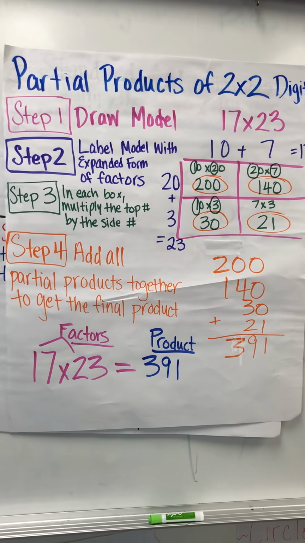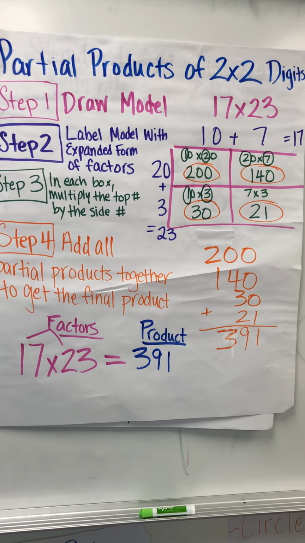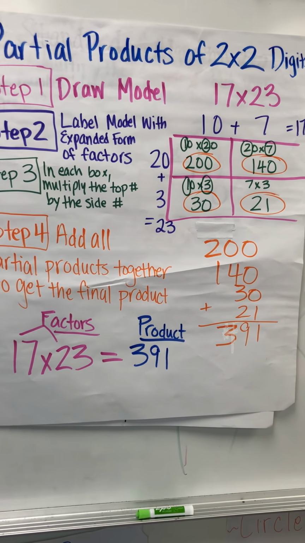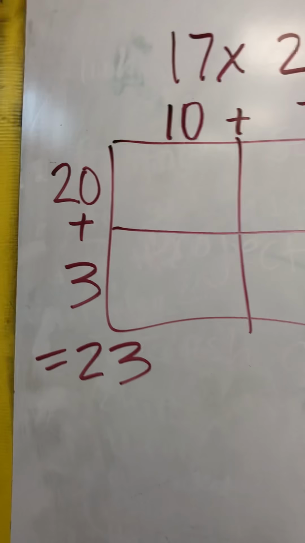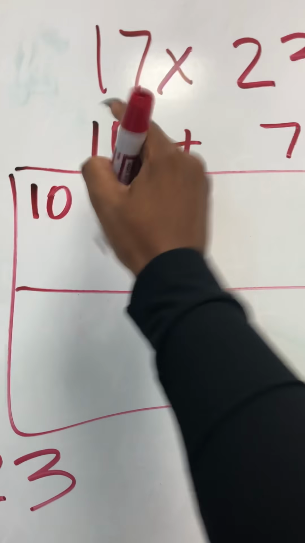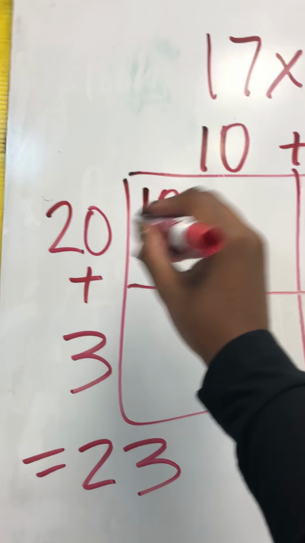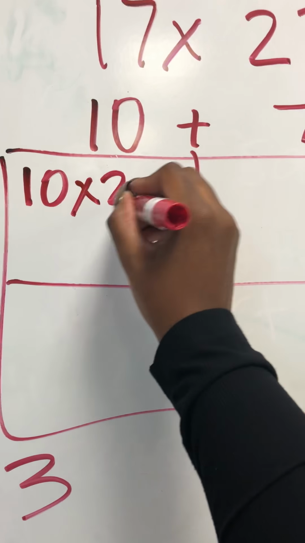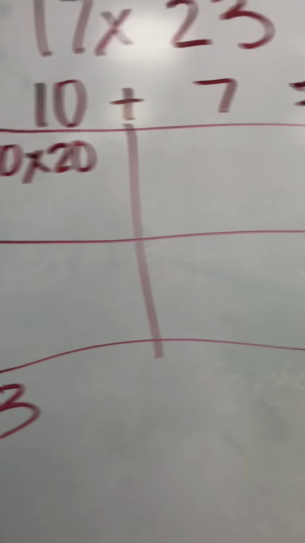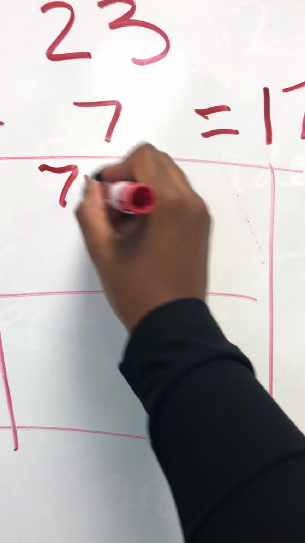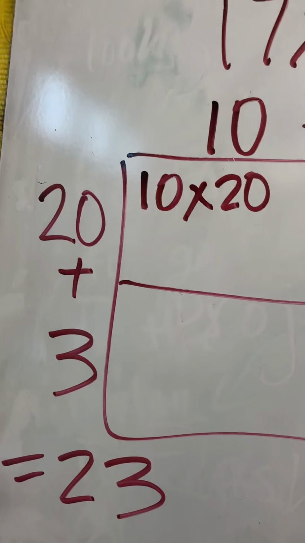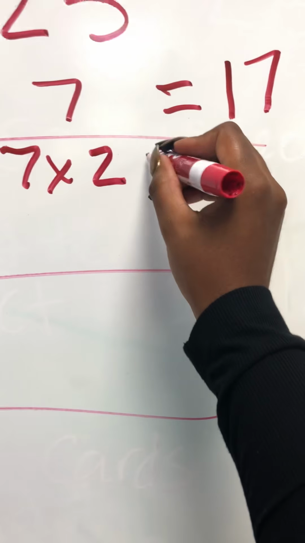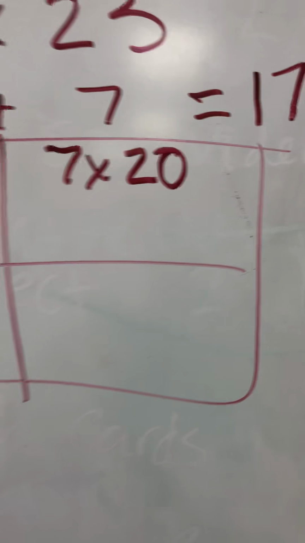Step number 3 says in each box multiply the top number by the side number. So in the first box I have 10 at the top and I have 20 at the side. 20 times 10. In this box I have 7 at the top and I have 20 at the side. 7 times 20.